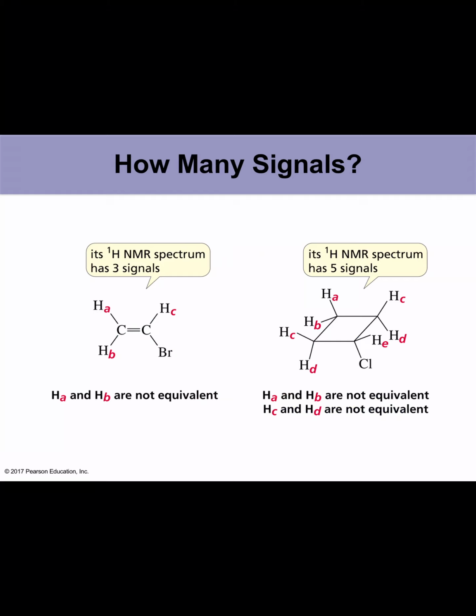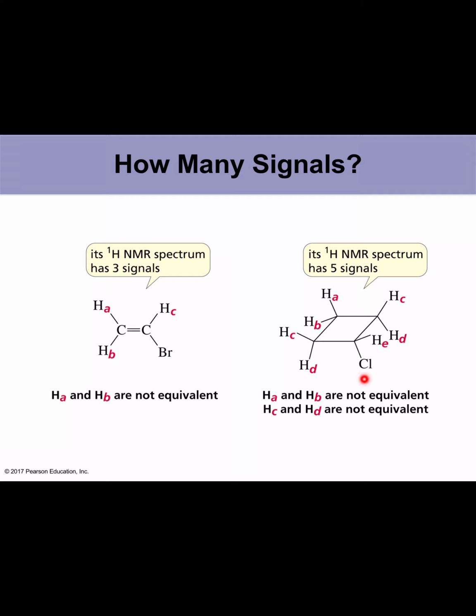Okay, now in this molecule, how many signals? Now, bromine is attached to this carbon. In this case, A and B are not going to be the same. They are not going to be equivalent. So the molecule is not symmetrical. It will make 3 signals.